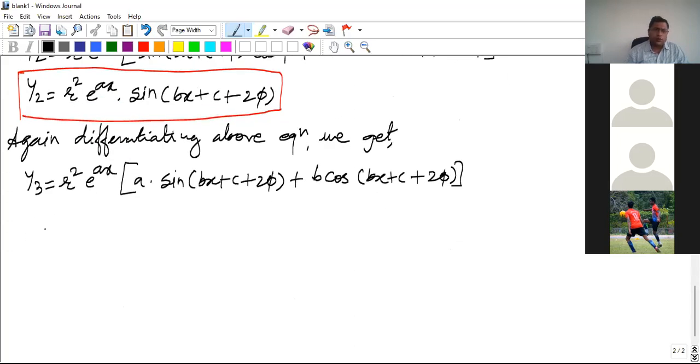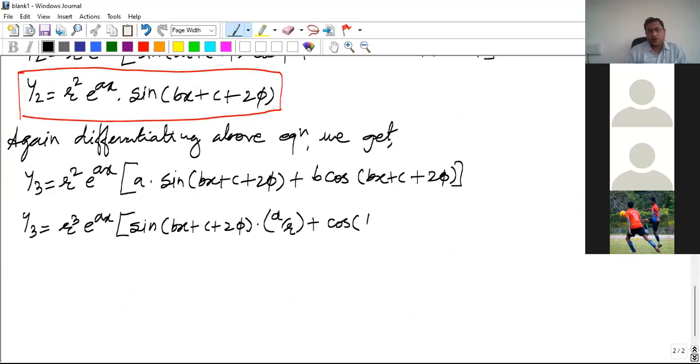Now, what we can do is, again, we multiply and divide. So we have r cube e raised to ax sine of bx plus c plus 2 phi, and this is a by r, plus here we have cos of bx plus c plus 2 phi, and this is b by r.